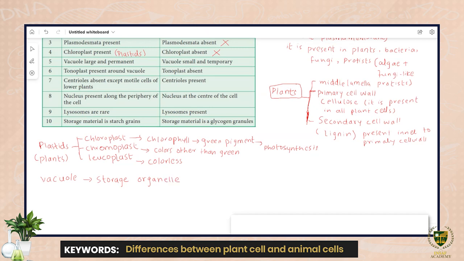और स्टोर करता है, इट स्टोर्स द फूड, इट स्टोर्स द वेस्ट मटेरियल, it also stores the water, especially in plants.